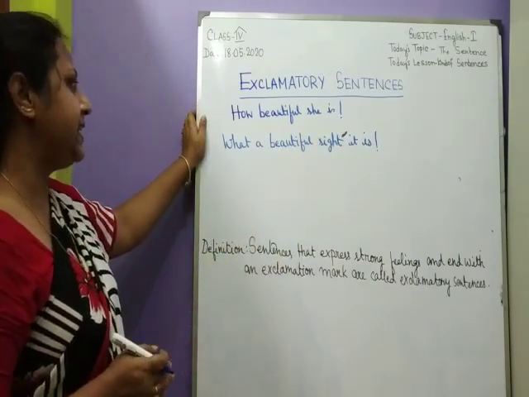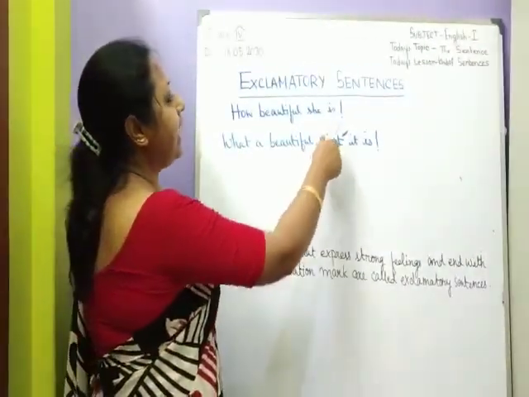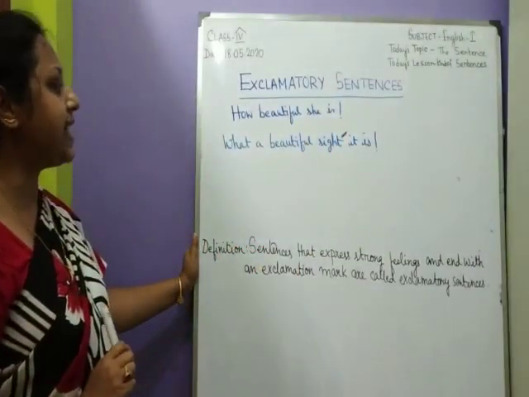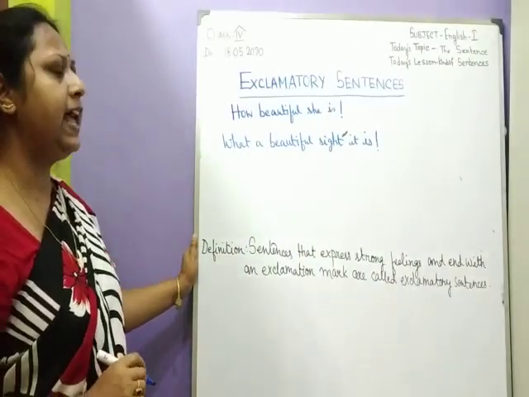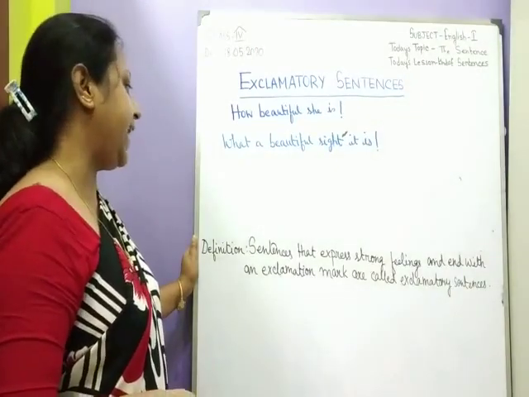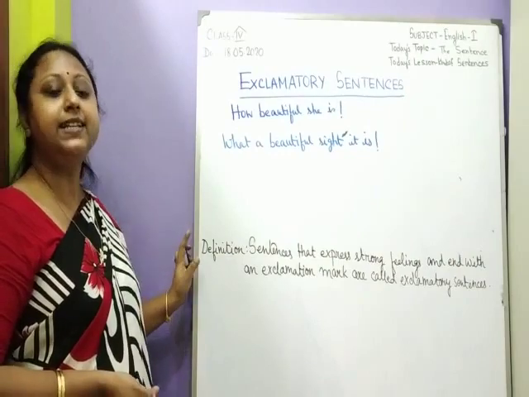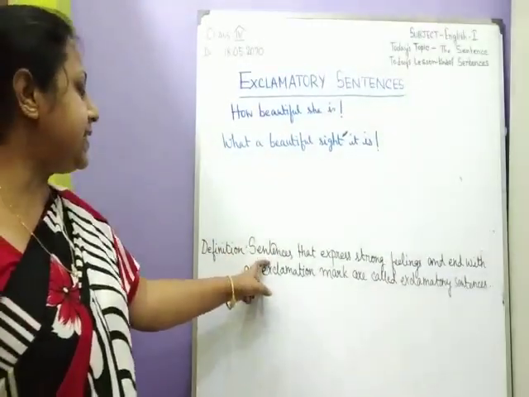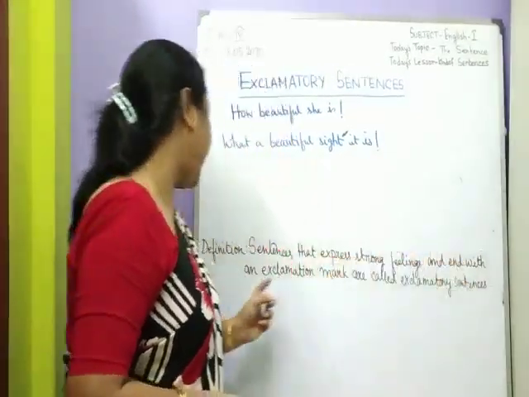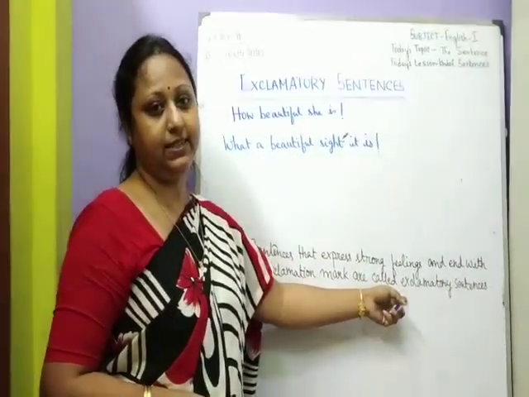These two sentences express strong feelings and end with an exclamation sign. So, sentences that express strong feelings like happiness, anger, disgust and end with an exclamation mark are called exclamatory sentences. Let us come to the definition. Sentences that express strong feelings and end with an exclamation mark are called exclamatory sentences.